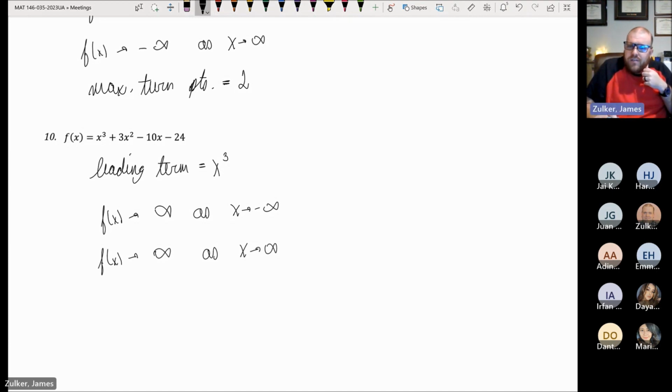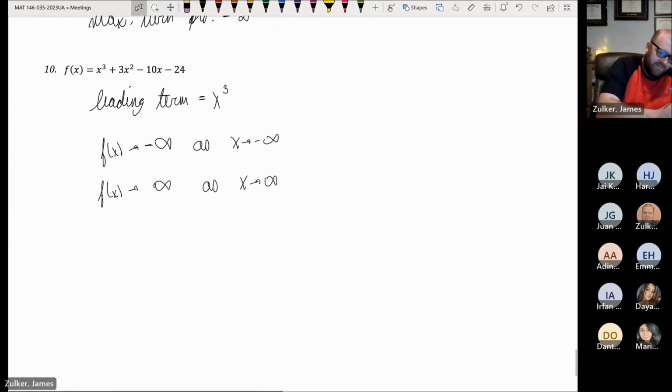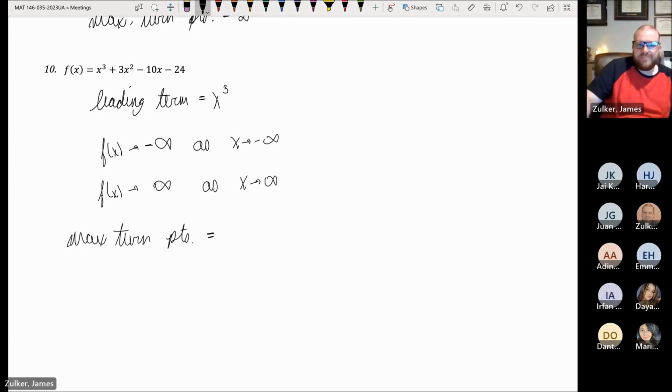Which one goes negative? Oh, as it goes to negative, decrease. Okay. Like that? Precisely. And maximum number of turning points is once again 2.